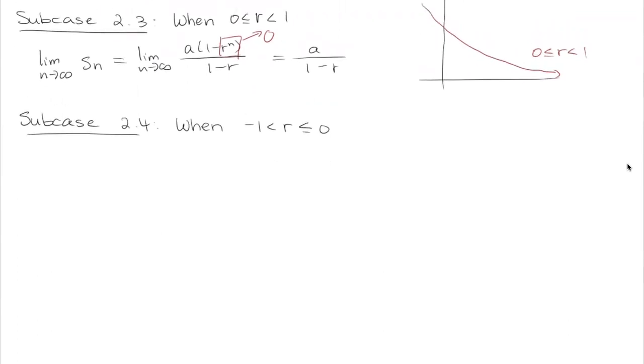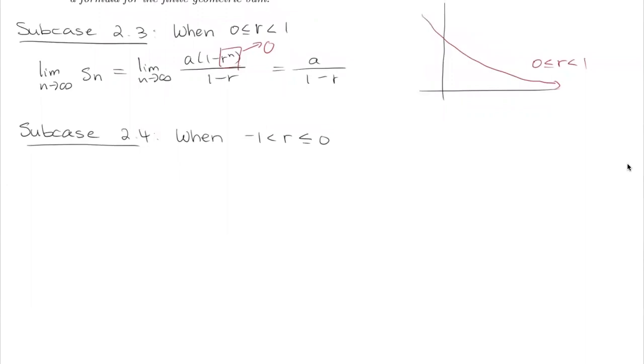Now, when we take the limit as n approaches infinity of a times 1 minus r to the n over 1 minus r, because r is also small here, we could say that it actually converges as well.